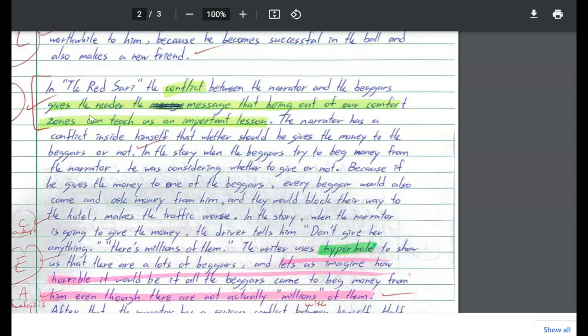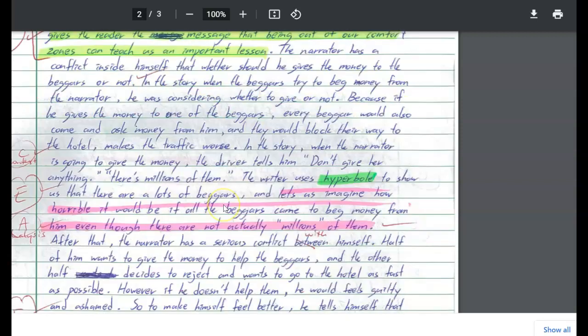And he's ashamed of his feelings because he knows that that's not good enough. He should be doing something more. And this teaches him an important lesson, that actually people should be caring about the poor and the people in the world who do not have enough. So it's the same theme.